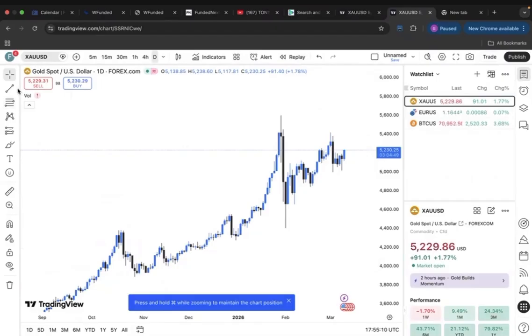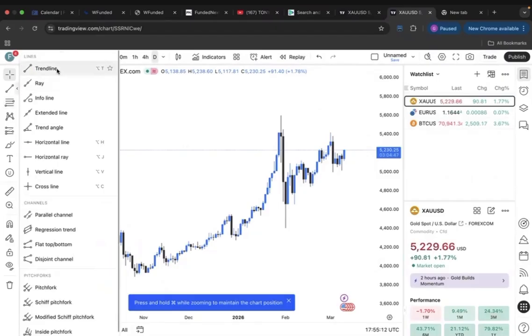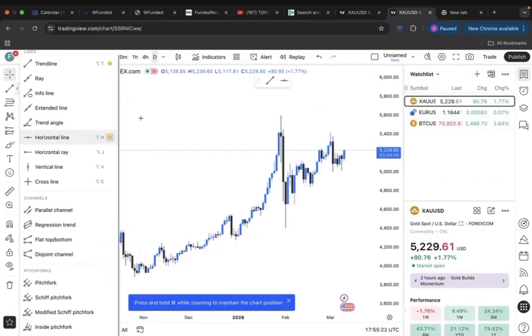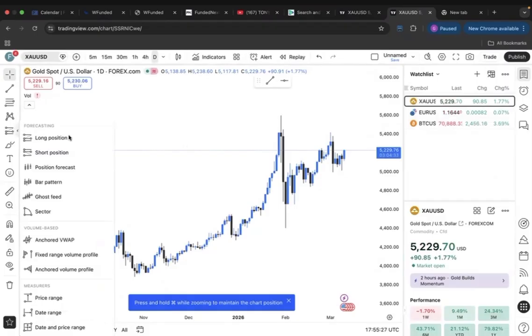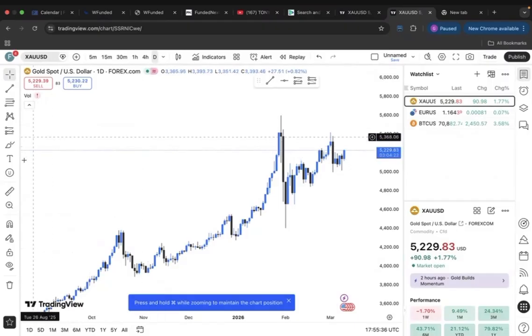So let me now add the tools I'll be using for my analysis. You can add any tools you use here. I make use of trend line, horizontal line, long position and short position. I think one more is remaining.